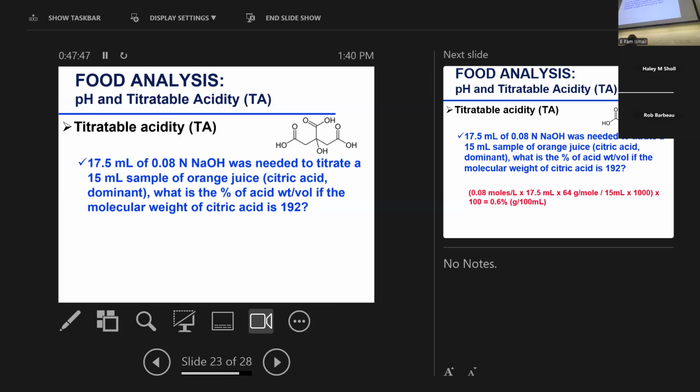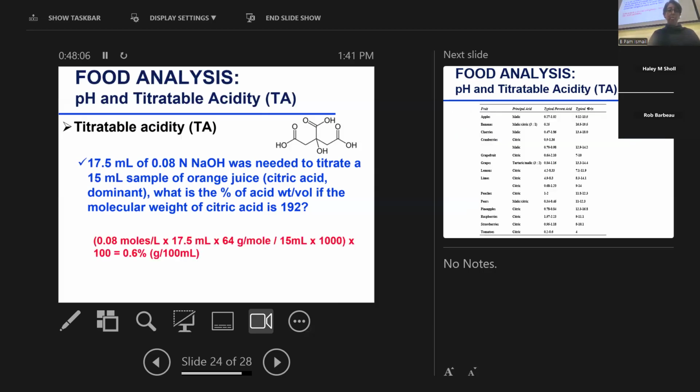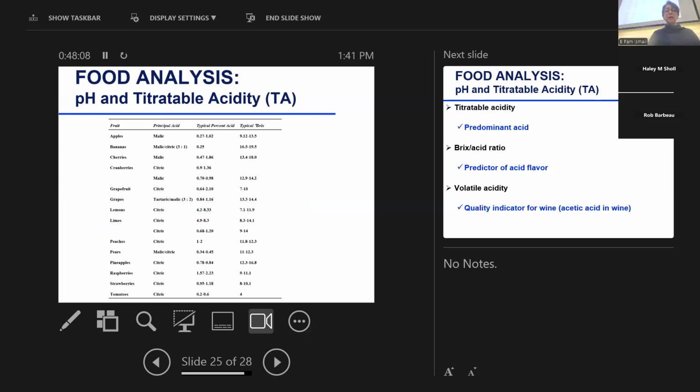But in the exam, I will tell you, okay, citric acid has 3 pKa's. If I tell you that, you know that we have 3 hydrogens. If I say 2 pKa's, you know that we have 2. So I will give you that in the exam. All right, so 0.6. The last thing I have is just to put things in perspective.